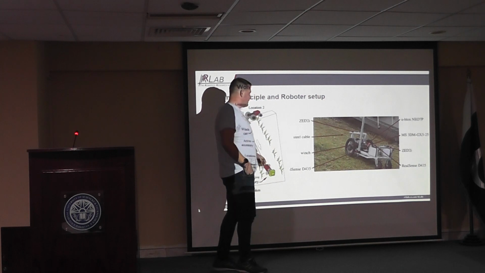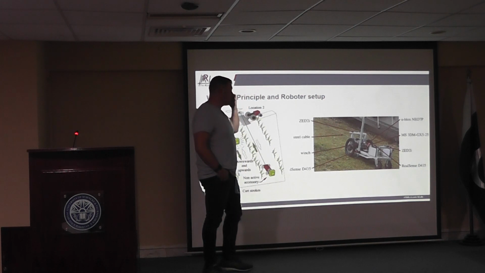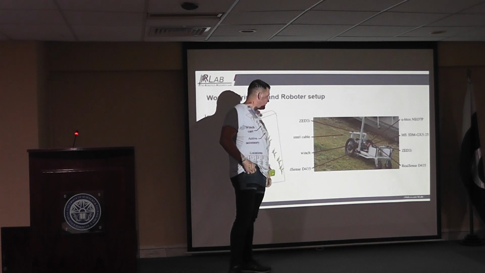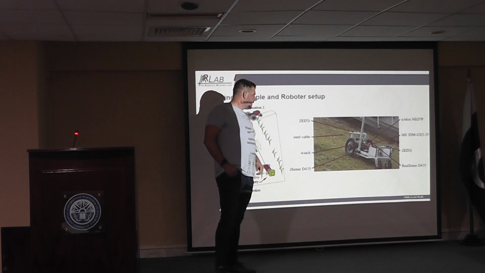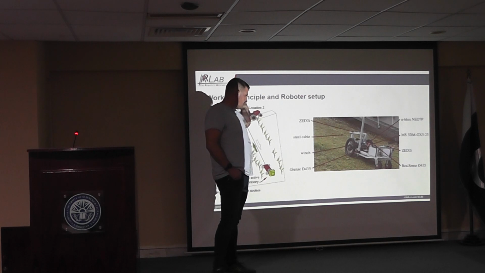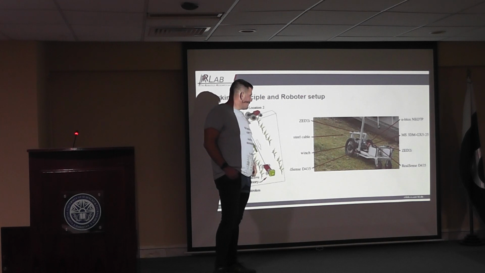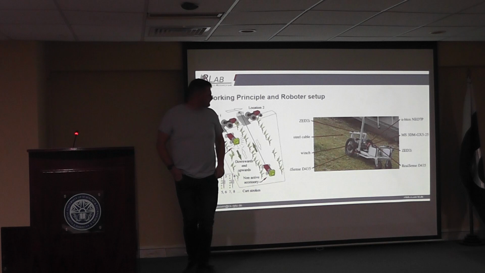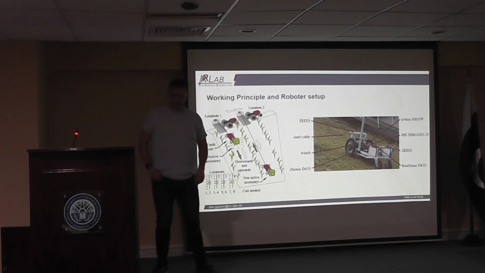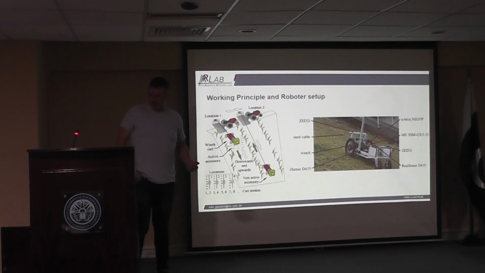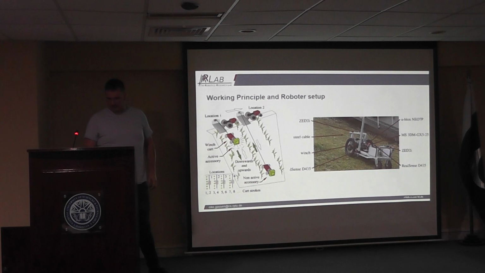We also have two cameras on the left and the right side for seeing the foliage of the plant and the plant from the side view. And we also have an acceleration sensor, just to get knowledge about the placement of the vehicle in the vineyard itself.